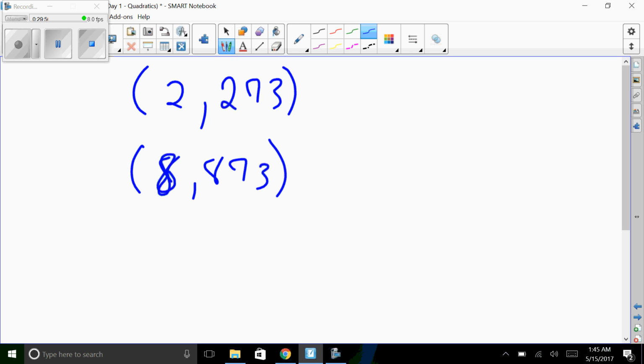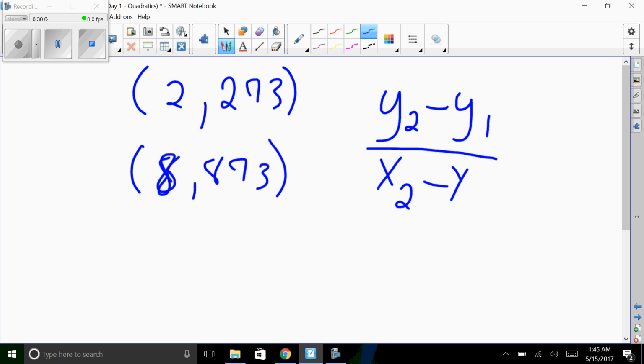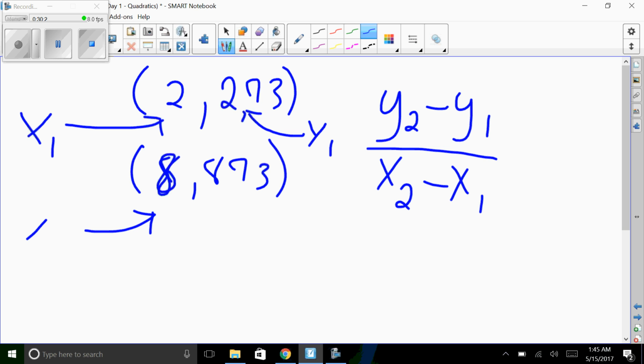So the slope formula for two coordinates is y2 minus y1 over x2 minus x1. That's your x1, that's your y1. This is your x2 and your y2. So just plug that in the formula.